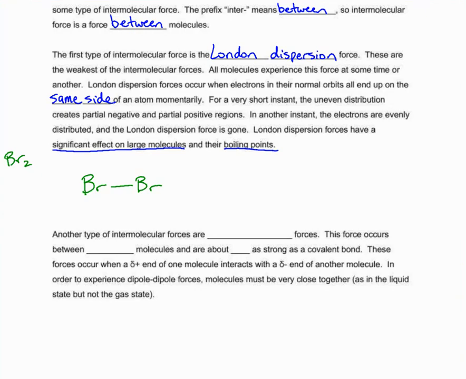If we were just talking about your typical Lewis structure drawing, this is what it would look like, and you don't really need to draw it. Here's the covalent bond. But that's not really what I'm worried about right now. Let me move this over a little bit.